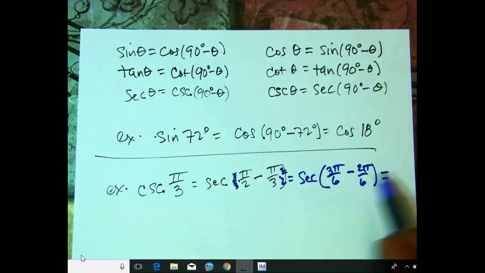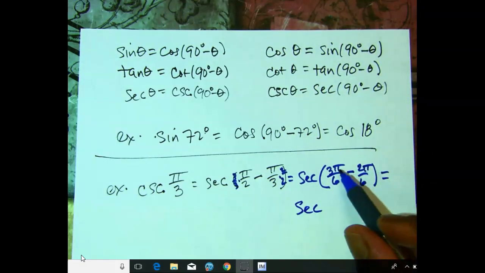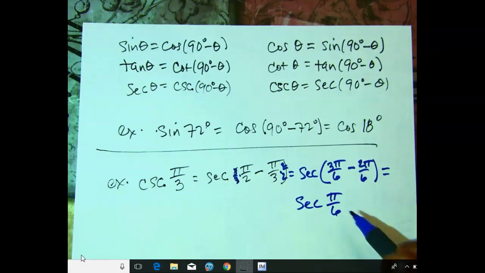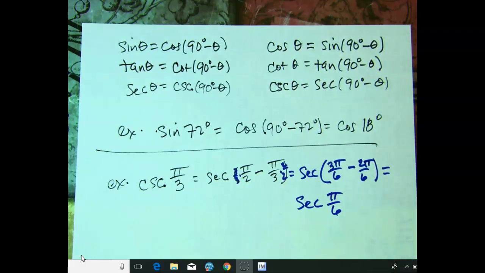So that gives us secant of 3 pi over 6 minus 2 pi over 6, which is pi over 6. So what we're saying is that the secant of pi over 6 is equal to the cosecant of pi over 3.